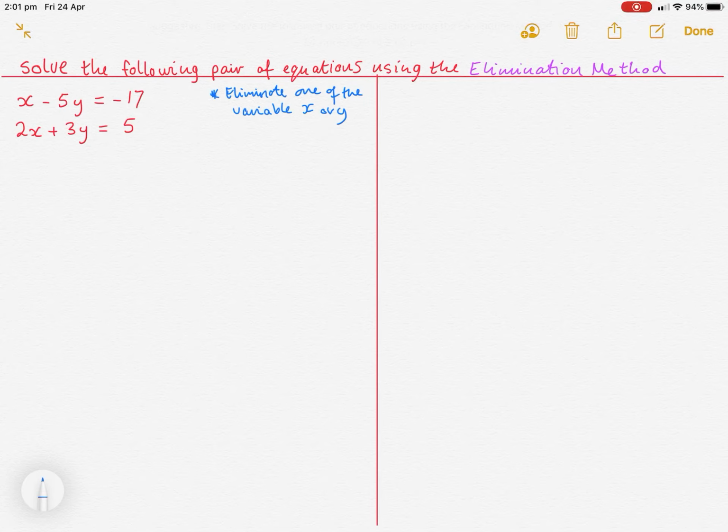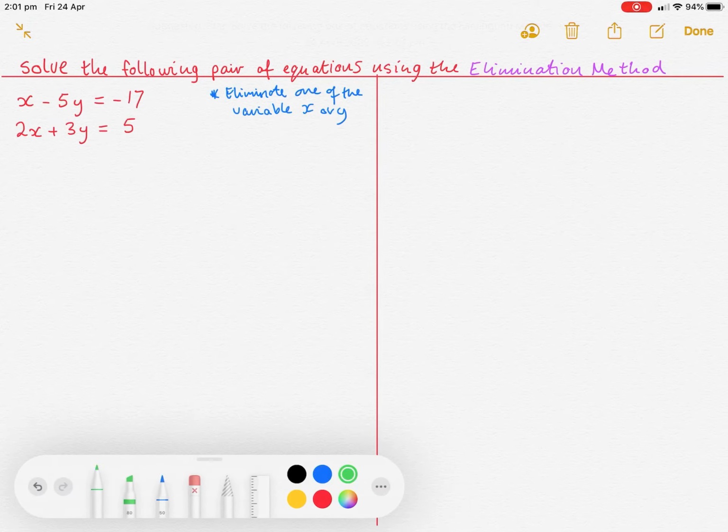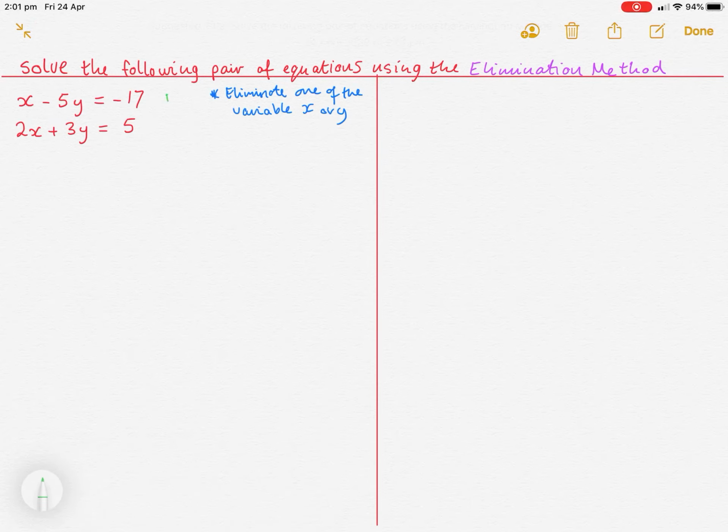To choose which one you want to eliminate, you have to look at your two equations. The first thing you want to do, like we do with substitution, is label them. So let's go different colours. This is our first equation, and this is our second equation.